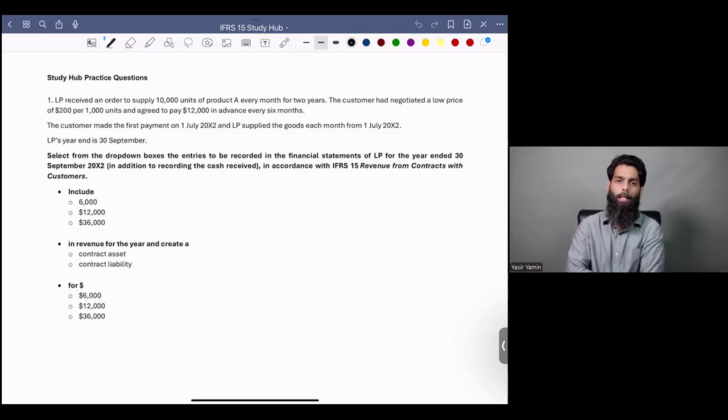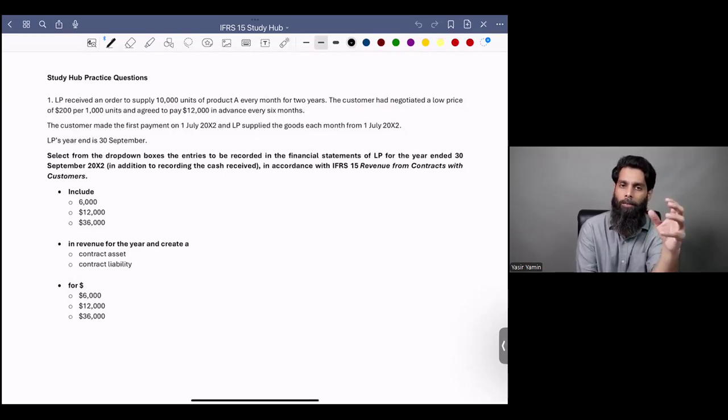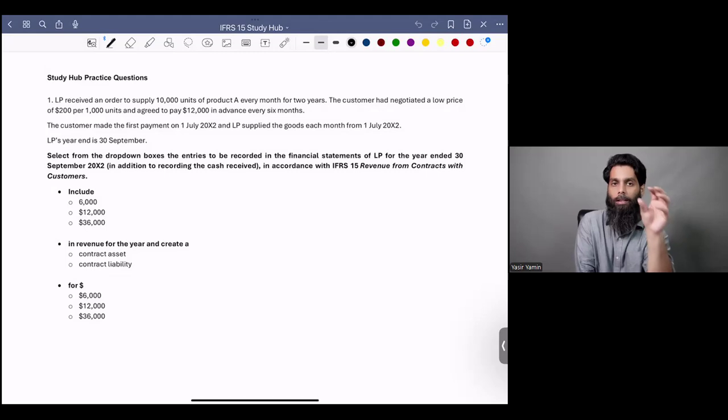In step number 3, we determine transaction price. Now, transaction price is technically the price at which the transaction is happening. But IFRS 15 provides more guidance on it. IFRS 15 says that a transaction price does not only include a fixed consideration element, but sometimes it also has a variable consideration element in it.